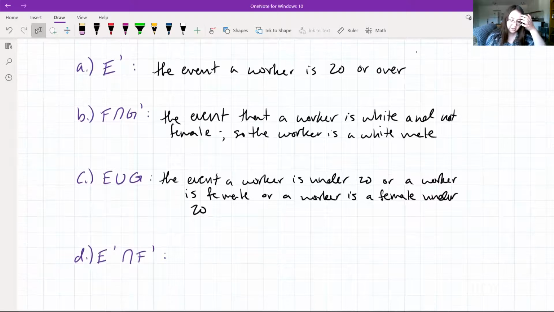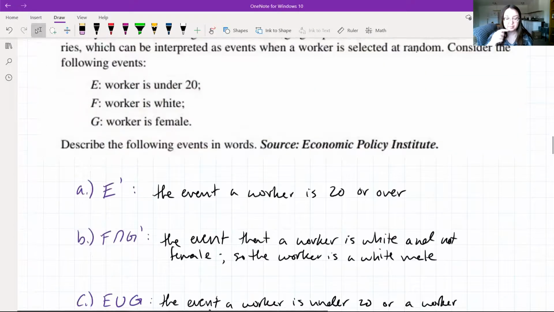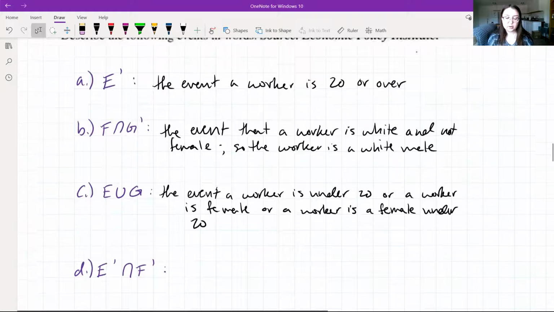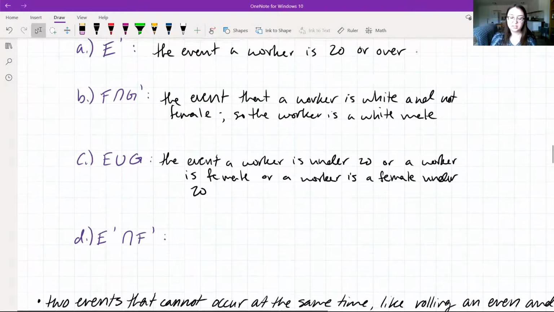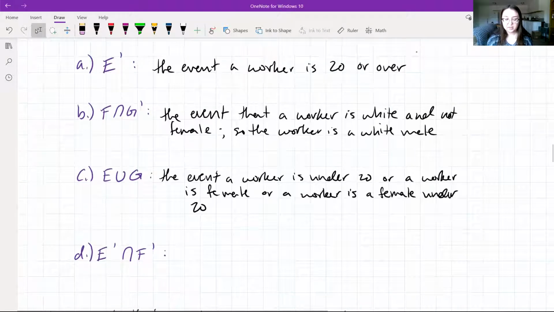Now for D, we have E prime intersect F prime. We know that E prime, which we figured out in part A, is the event that a worker is 20 or over. We know that F is the event that the worker is white. So F prime is going to be the event that the worker is not white. So for part D, remember it's an intersection, so it's going to be both.